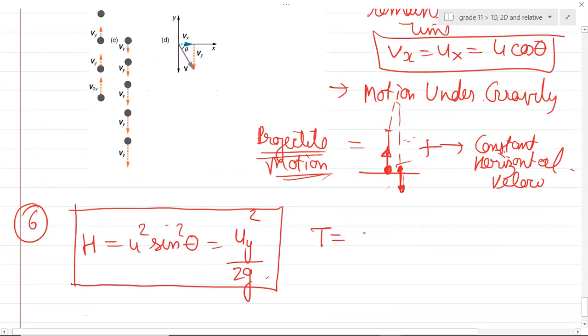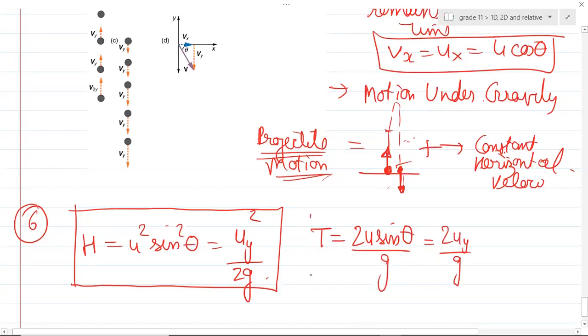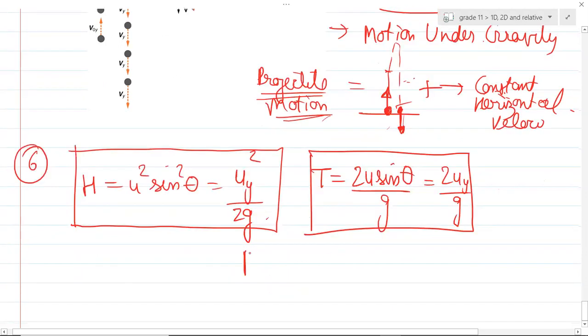The time of flight is basically 2u sine theta by g. And the range is u square sine of 2 theta by g, which can be written as twice of ux uy by g.